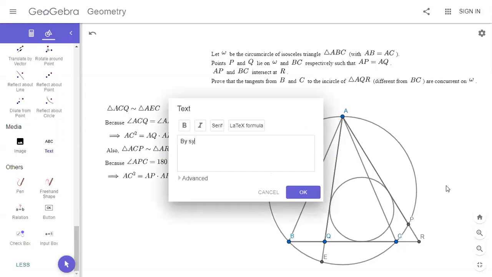So by symmetry, PQ is tangent to the incircle gamma of triangle AQR. We know that, but that would imply that PE is also tangent to gamma.